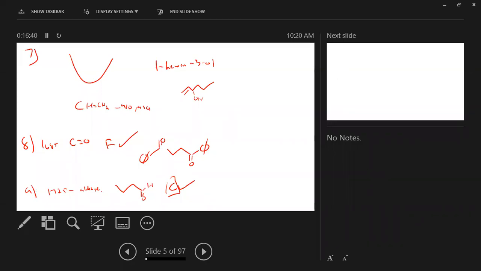All right, let's go on to 10. We know we're going to see that triple bond with this right here. And we have a carboxyl group. So this will occur around 3,300. And everything is per centimeters when you're looking at IR spectra.